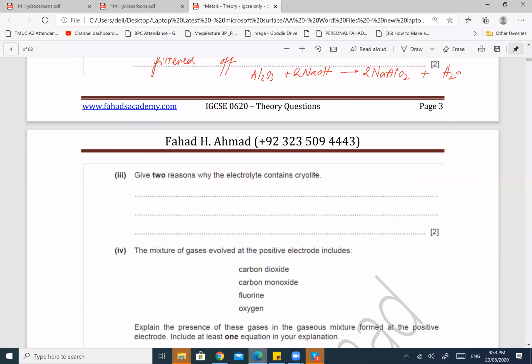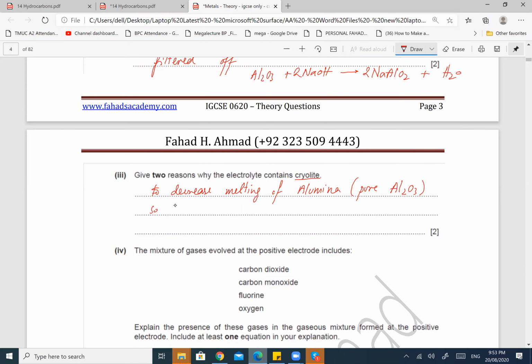अच्छा, give 2 reasons why the electrolyte contains cryolite. So remember cryolite के ऊपर question आएगा. So why was cryolite added? To decrease the melting point of alumina, वो जो pure alumina is the pure Al2O3 जिसका आप electrolysis कर रहे हो. Why do you want to decrease the melting point? For 2 things.